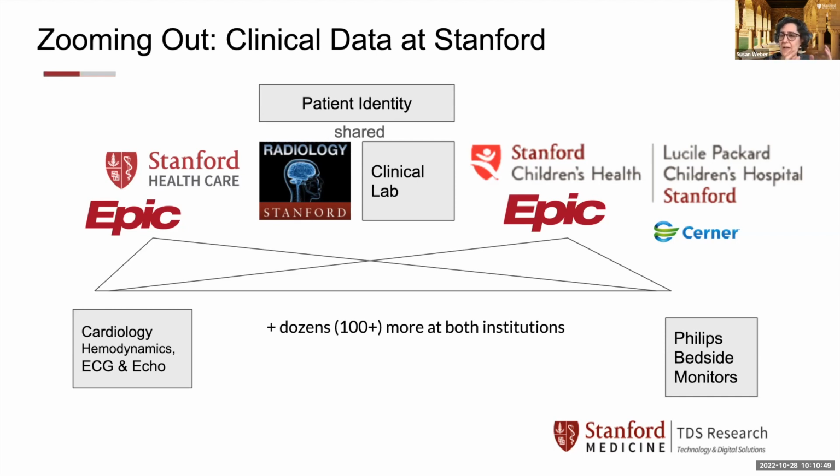There are Philips bedside monitors deployed at both hospitals; Philips is the primary vendor, but there are also other vendors. There are 2 cardiology departments. It's a complete chaotic mess of specialty systems that we are trying to aggregate for research purposes. Next slide.